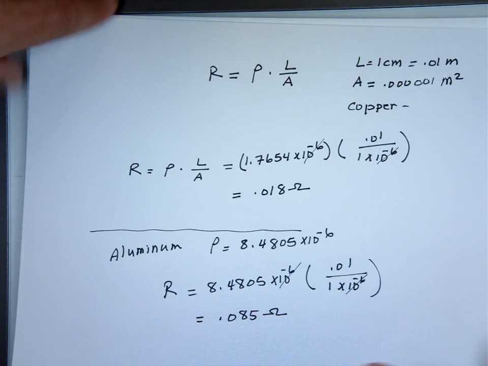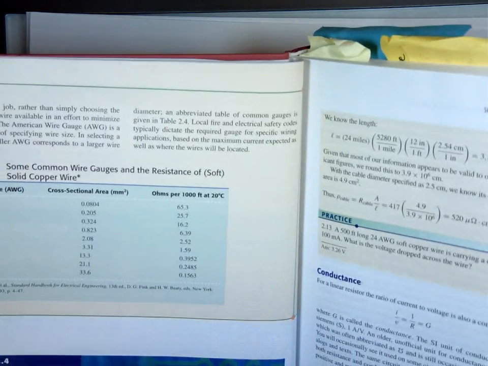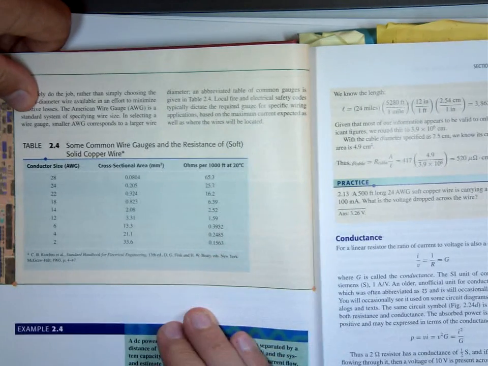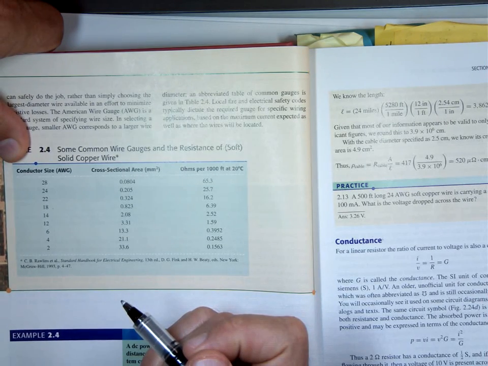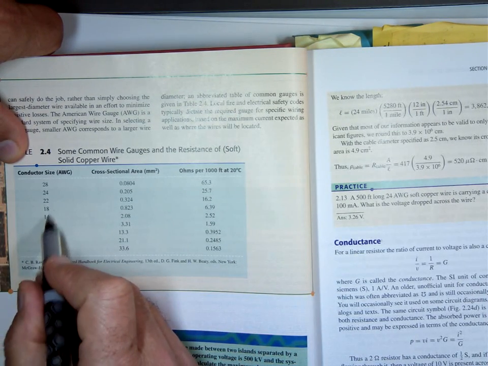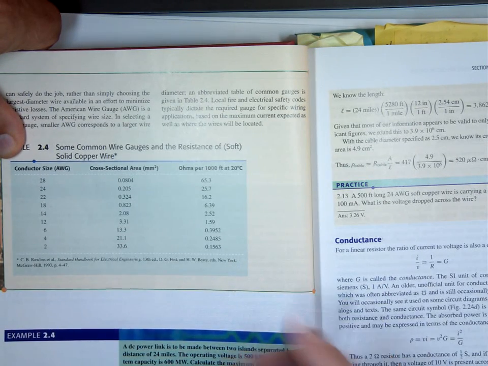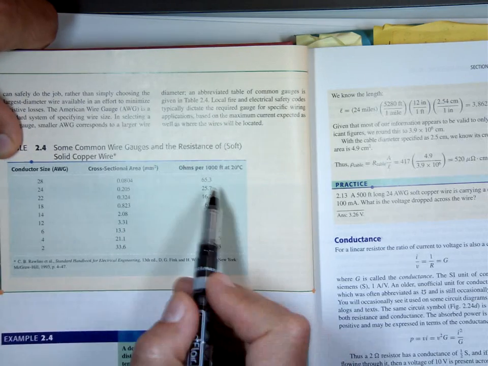So when you actually buy wires, they come in different gauges here. 2, 4, 6, 12, 14, 18, 22, 24, 28. And if you know each one, you know the cross-section area. And that tells you how many ohms per 1,000 feet of cable.